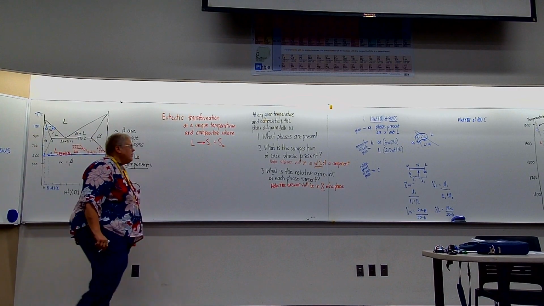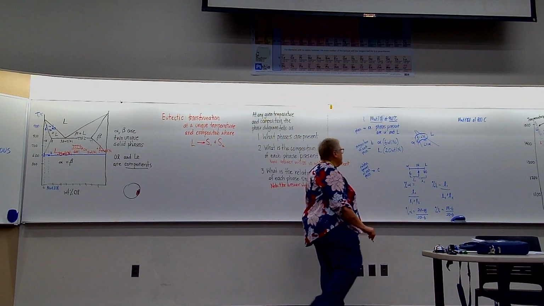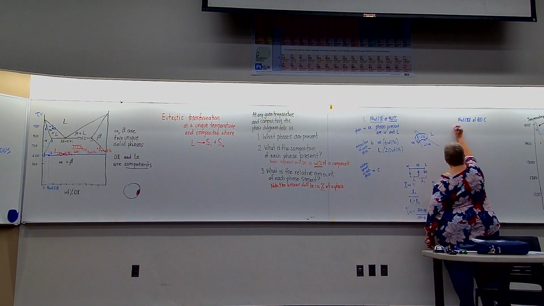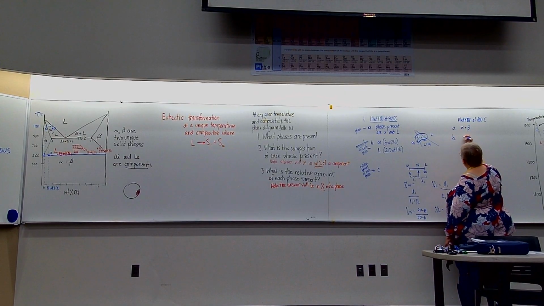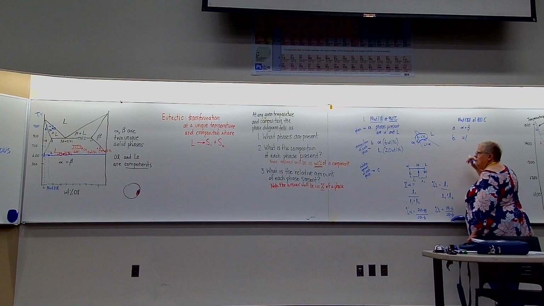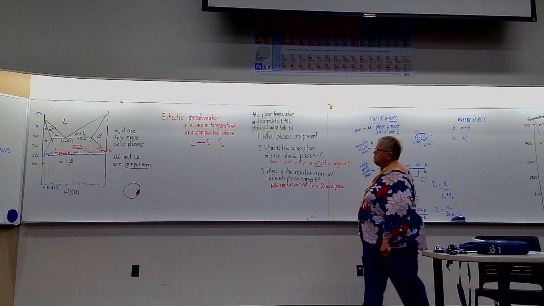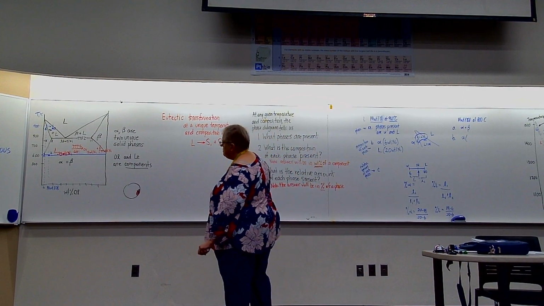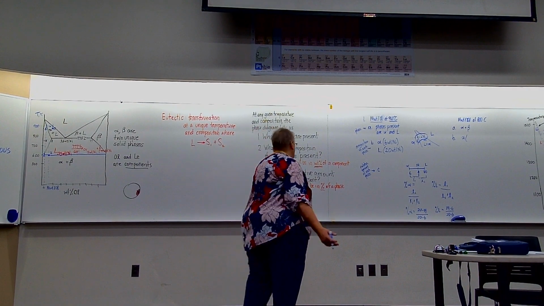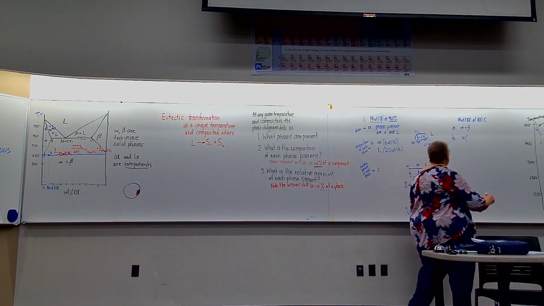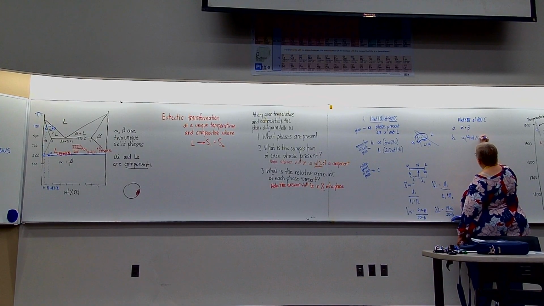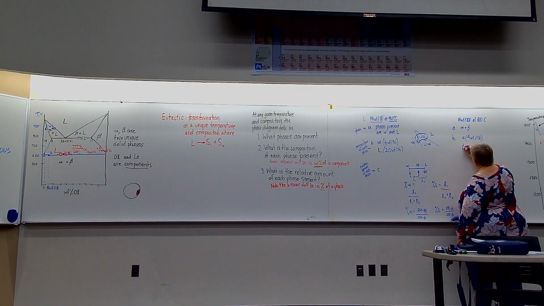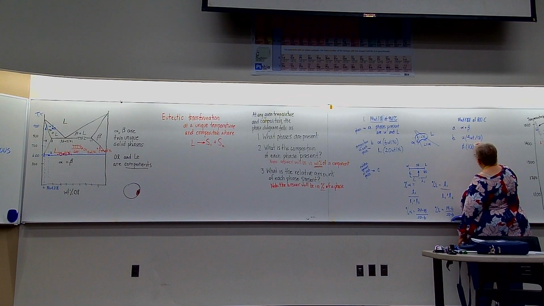So I've got alpha and beta. And the alpha has, we'll say, 4. And the beta has 100 weight percent. Oh no.